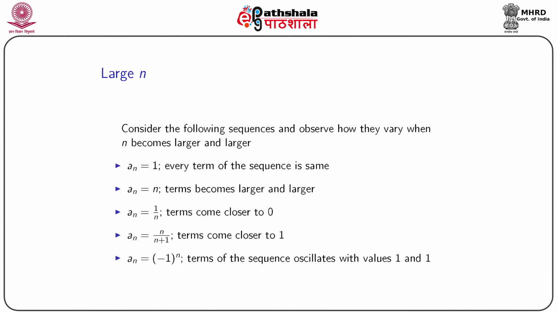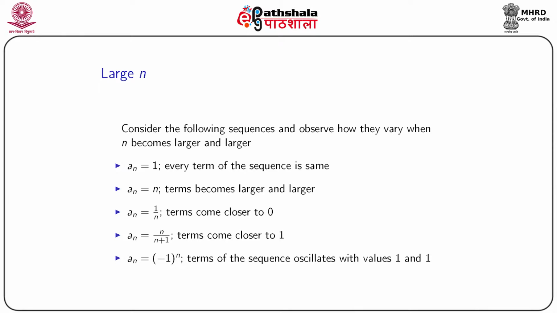Once we define the sequence of real numbers or sets or functions, the next job is to see the behavior of the sequence when we vary n. What will happen if n becomes larger and larger? So we'll start with a few examples.